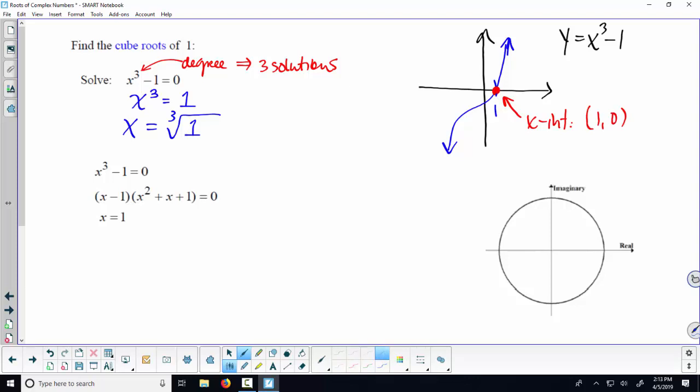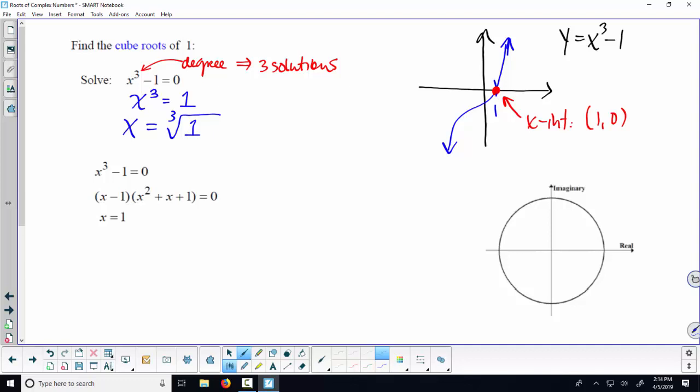So I know x has to be 1. But there should be 3 solutions. Because this graph only has 1 x-intercept, it only has 1 real solution. So that means my other roots are non-real numbers or imaginary numbers, which we can't find by just taking the cube root. We can't find all of them.